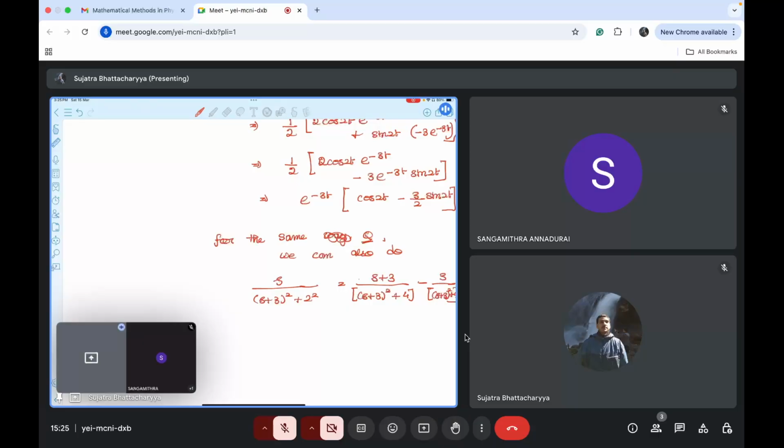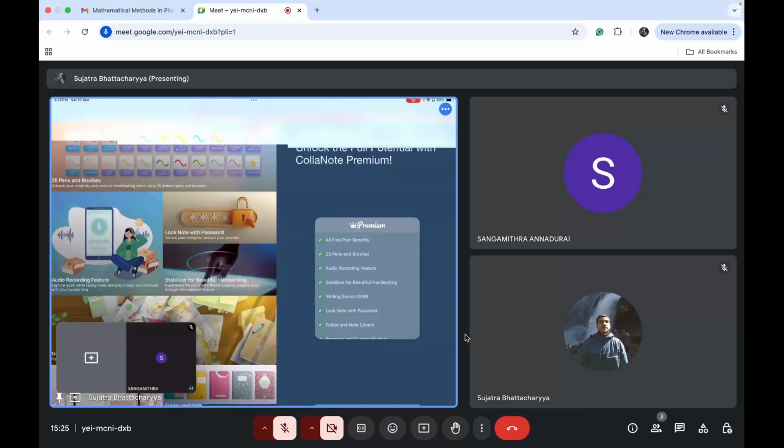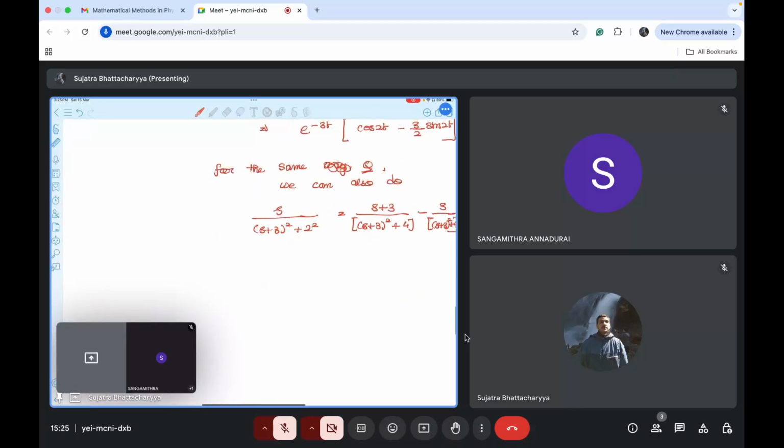And we know the Laplace transform of this, we know the Laplace transform of this. Simple. See, this is corresponding to s upon s square plus 2 square, which is cos. But cos which is shifted. So it will be cos 2t e to the power minus 3t. Okay. But here what it will be? It will be just minus 3.